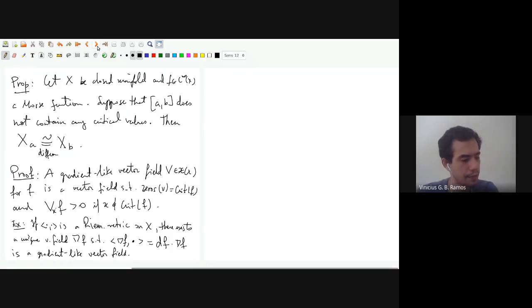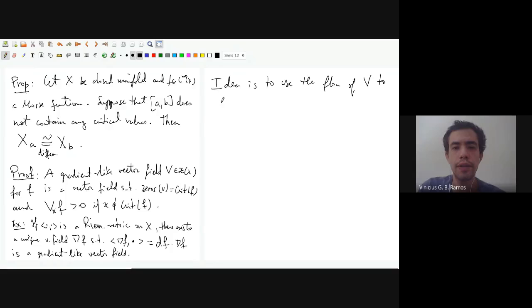So now I was just doing a definition. Now I want to prove this diffeomorphism. So to do that, the idea is to use the flow of V to find the diffeomorphism from XA to XB.